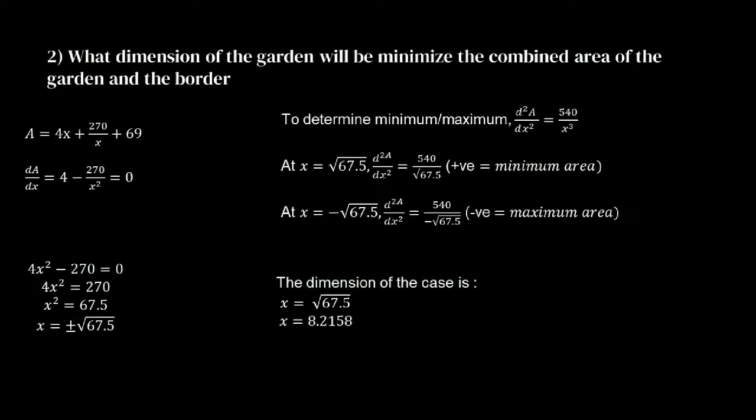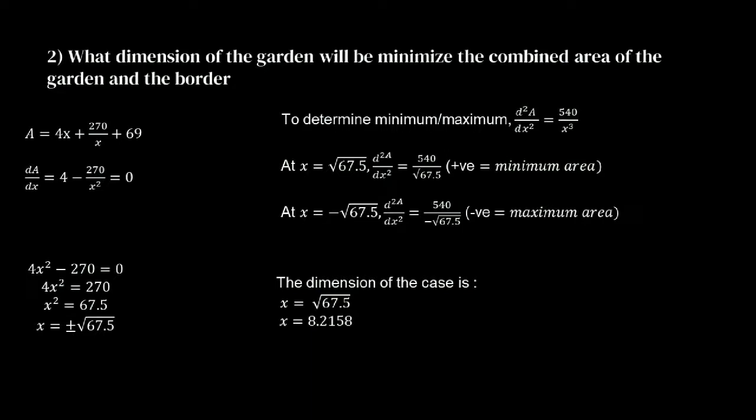So in order to determine the minimum and maximum area, we need to use the second derivative. After we do the second derivative, we got 360 over x to the power of 3. So when x equal to positive square root 67.5, we got the positive value. So now we know that this is the minimum area.